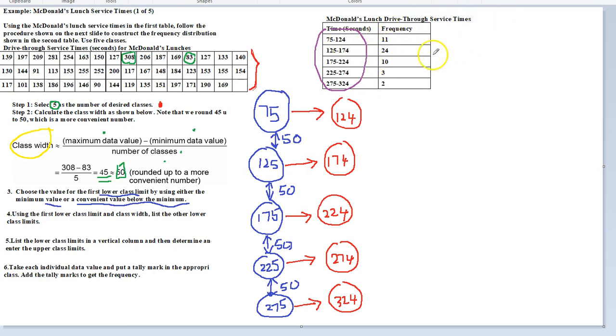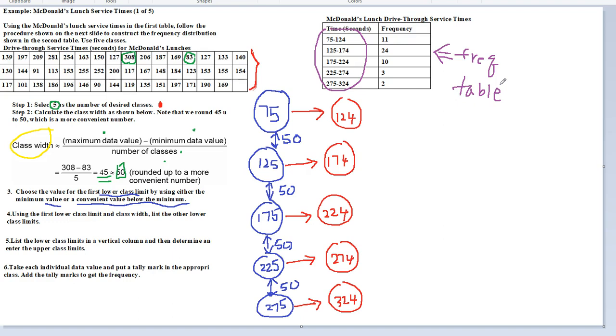So we call this a frequency table, and this is one way of summarizing your data. We have another one called the stem and leaf plot, but this is the frequency table, and we often use it to find the mean and standard deviation.